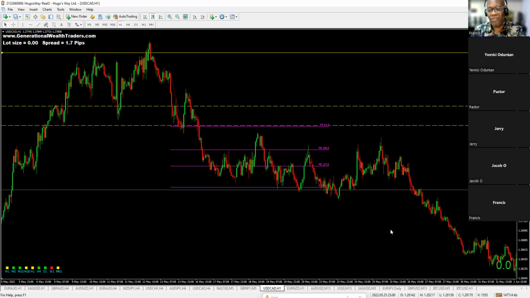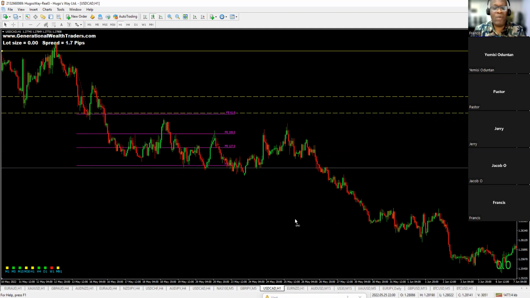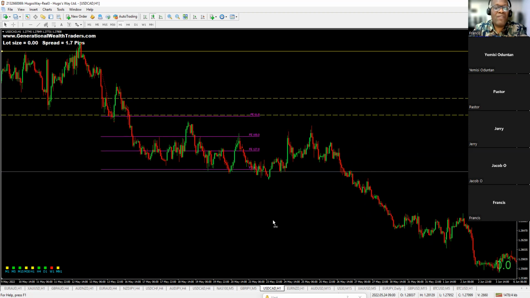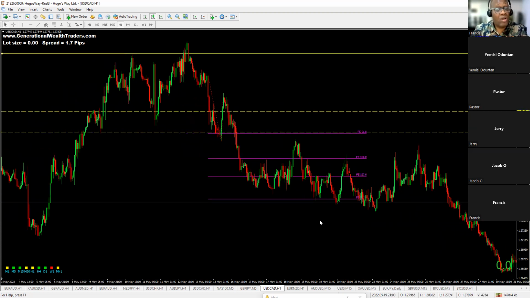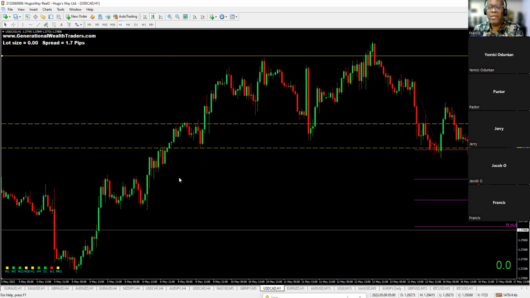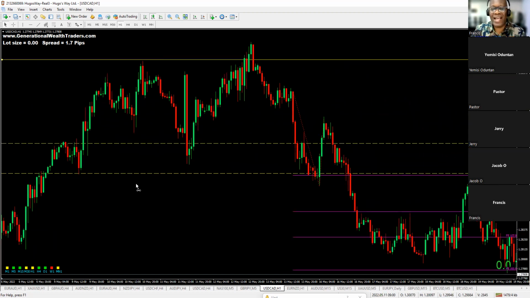Just be aware of that. So I would say, try practicing it on the 15-minute or 30-minute time frame. If you have a reasonably sized account, you can practice it on the 1 hour time frame, because you have to always consider your stop loss. The bigger the time frame, the bigger your stop loss will most likely be.